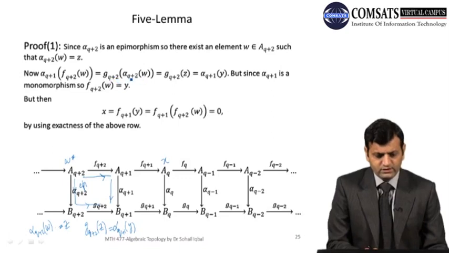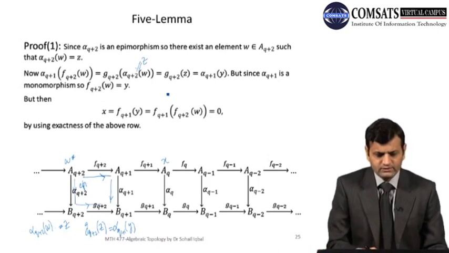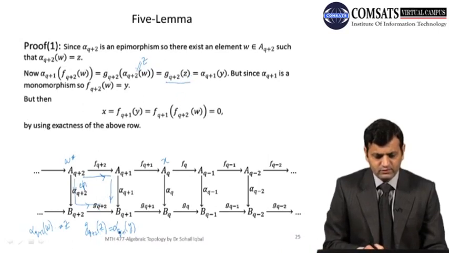Now what is alpha_{q+2} of w? Of course this is equal to z because it's written over here. So this is z, and so we have g_{q+2} of z. Now we also know that g_{q+2} of z is equal to alpha_{q+1} of y, so that's why this is equal to alpha_{q+1} of y.